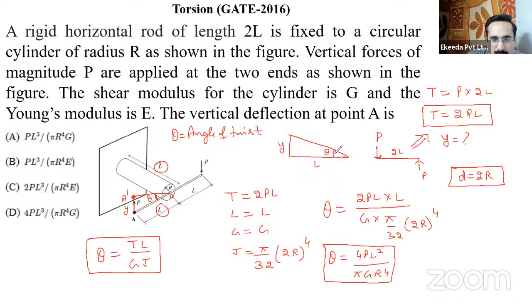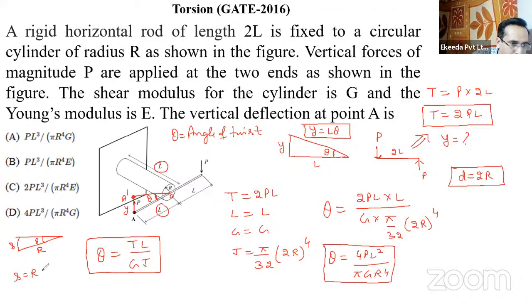And because this angle is small, y can be written as y equal to L theta, right? It is similar to S equal to R theta in a circular path, if the angle is small. So similarly here y will be equal to L theta.